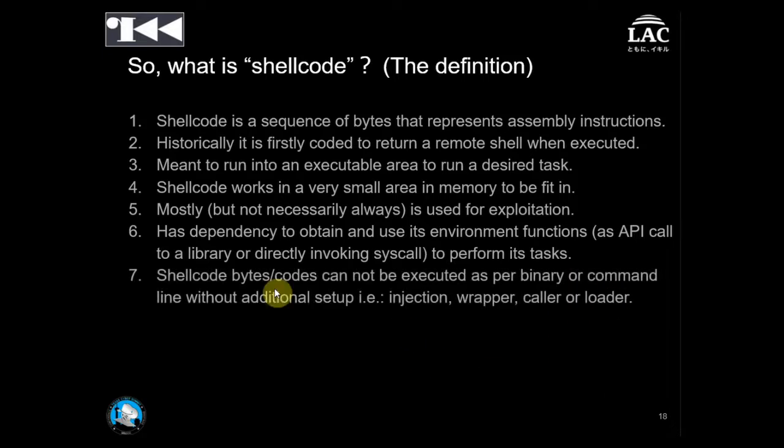So shellcode bytes or codes cannot be executed as a binary or command line without additional setup. This is the most important thing that you have to understand. If you are seeing shellcode, probably you will first see a sample or artifact, which is a binary file, not saying that it is an executable binary file, but just a binary file.